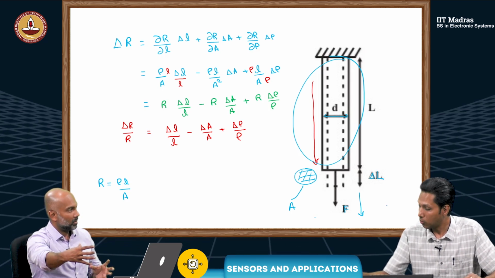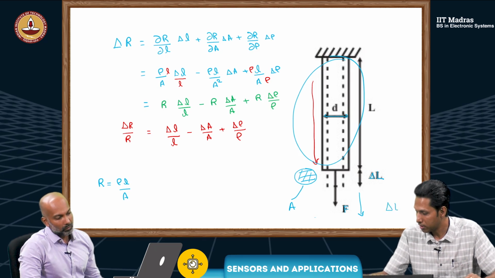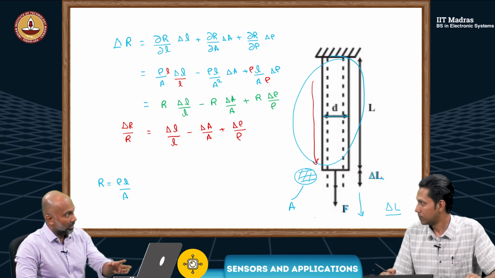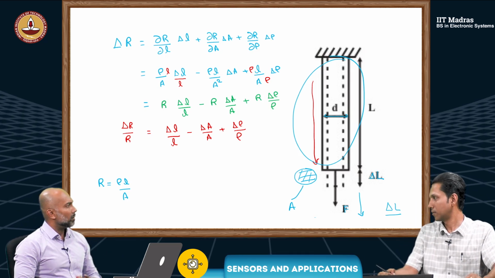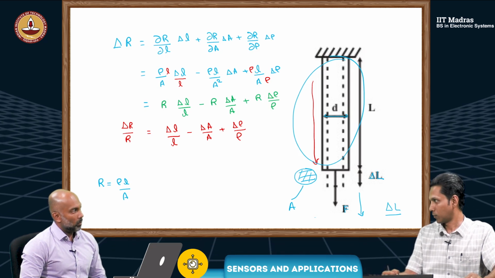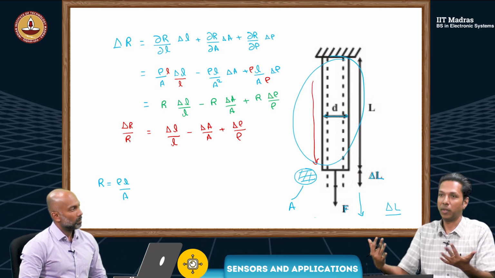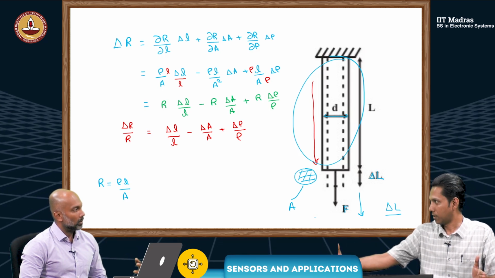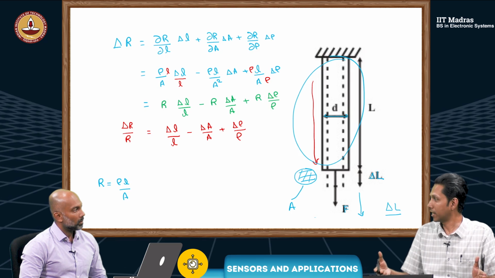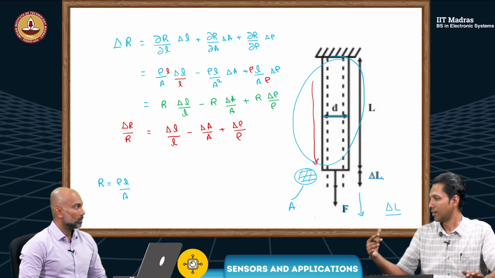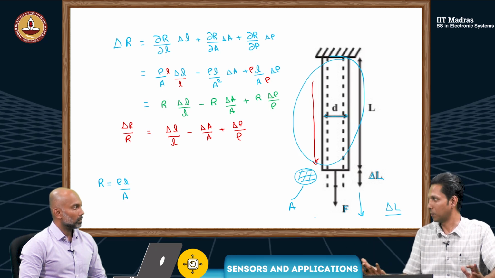So there, I will go for this delta L by L specifically. Why is that? So that there is also a relative change. The big structure may have more delta L because it is lengthy, but it is also divided by the same L. So the per unit change is the same.